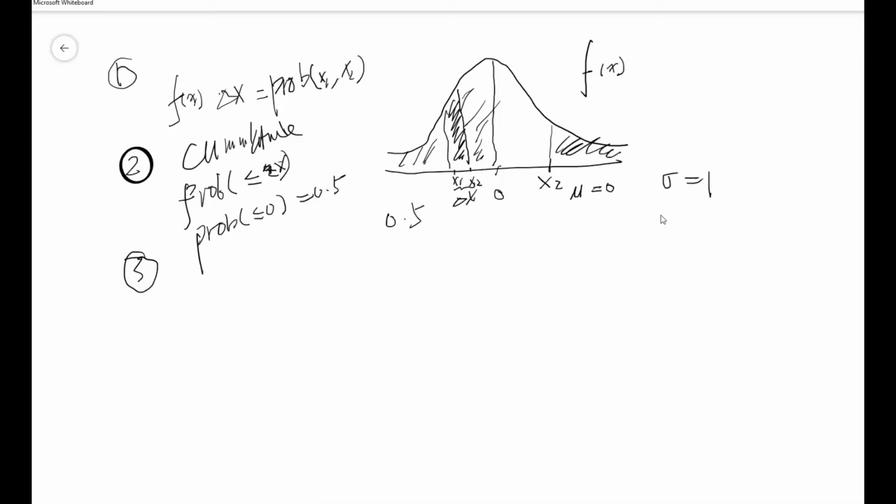What is the probability greater than x2?